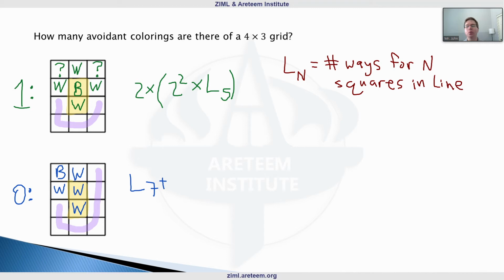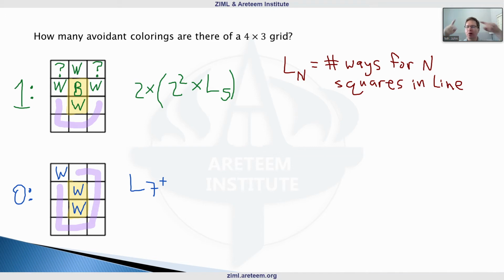But that upper square doesn't have to be black, right? There could be a white in that upper region there. So if I erase all of these here, let me put the white in that upper left square there. But again, when we have the white up there, we now still have a line. We have almost a full circle, but because we know it's white in that upper region, we now don't have any circular things to worry about, right?